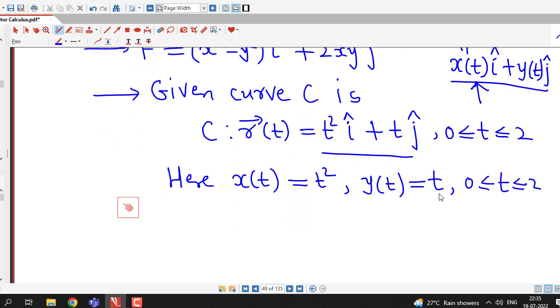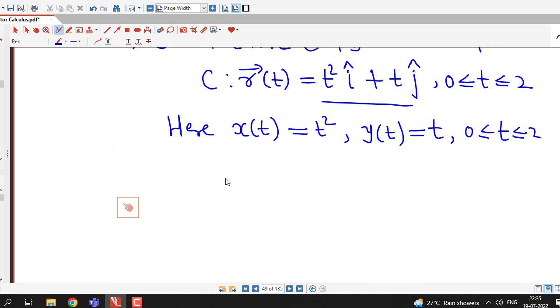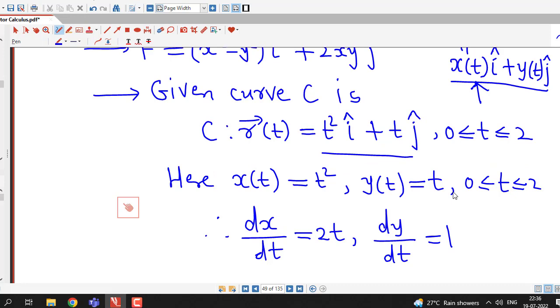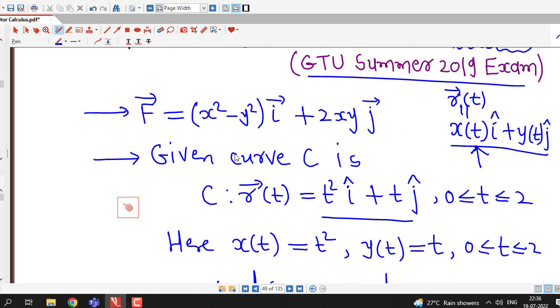Using this x and y, first we will find the derivatives of x and y with respect to t, because we will require them. Therefore dx by dt is 2 times t and dy by dt is the derivative of t, which is 1. Now we consider the values of x and y in terms of t in f bar, because we will require f bar of r bar t.